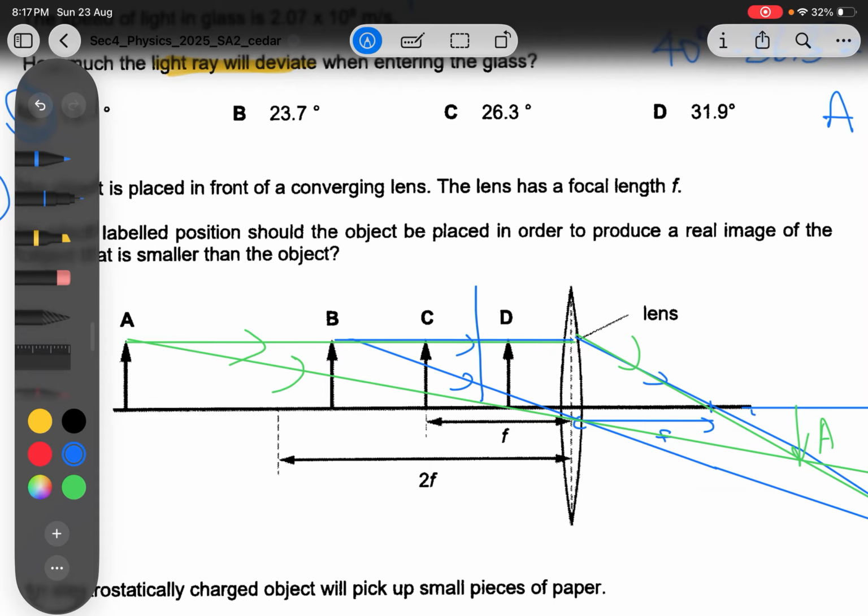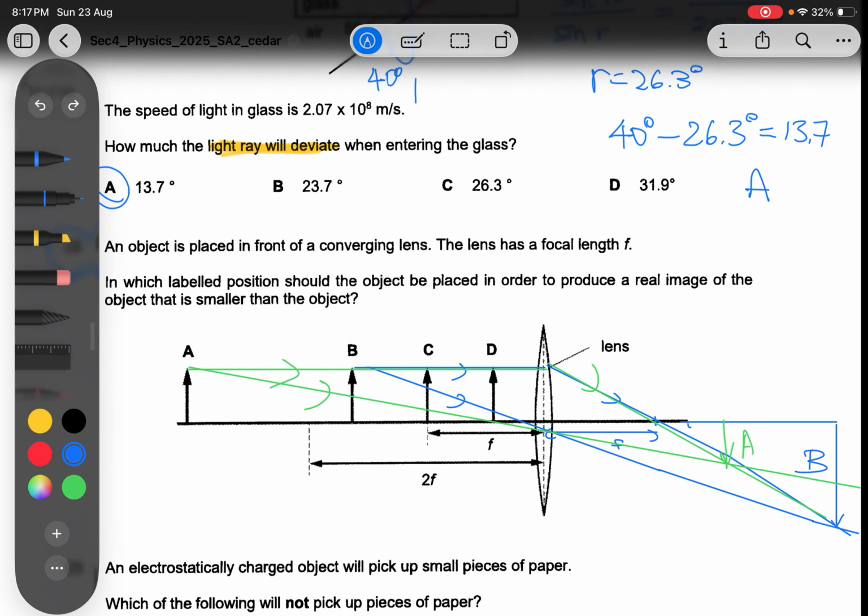That's for D. For C, it is exactly at F, at the focal point. It means that it's the same shape and the same distance and the same height, just in the opposite direction.